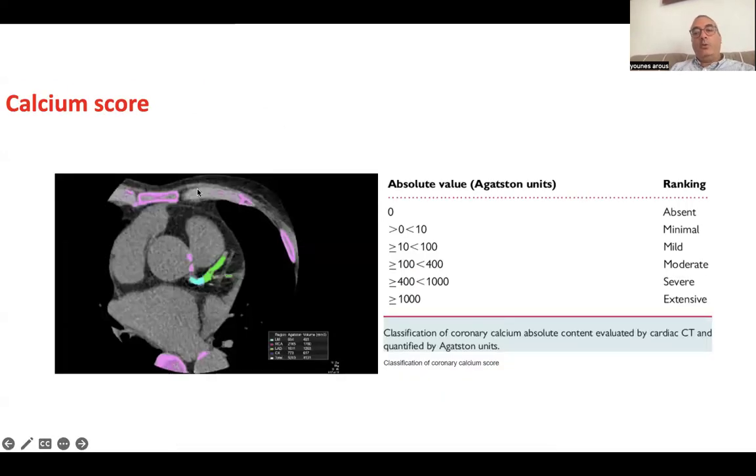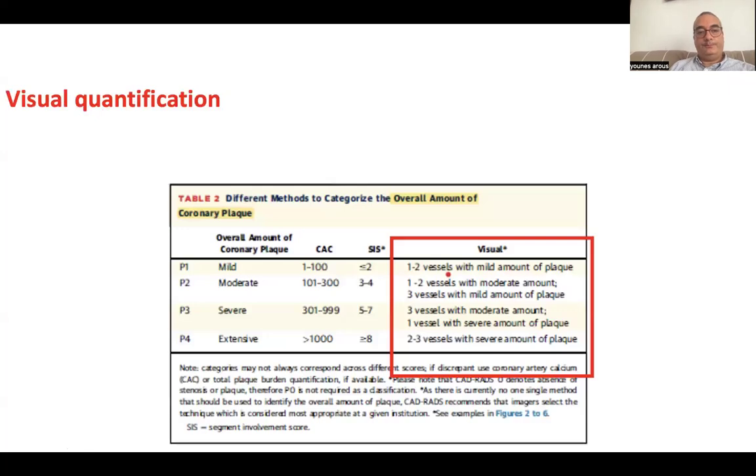The calcium score, we know it's very easy to do now. It's automatic, and all the software is very easy to use. For the visual quantification, in the Military Hospital of Tunis, we use this method because we think that it's very easy, but of course it's very subjective.